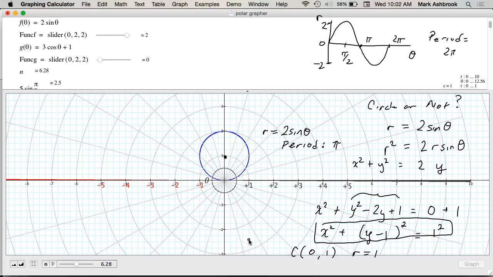R is a distance, and is very conducive for circles. So what would be the equation, say, of the circle whose center is 0 and radius 3 in polar coordinates? I want the equation where the center is the pole and the radius is 3. What would be the equation in polar coordinates?